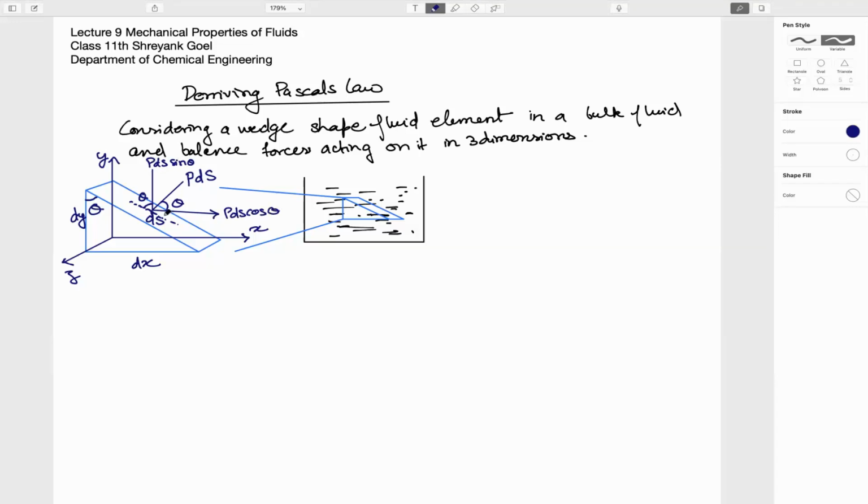Why this is important is we want to balance the forces in the y direction and in the x direction. So net force in the y direction, Fy, is equal to 0, and net force in the x direction is also 0. And similarly, you can do it for the z direction also.